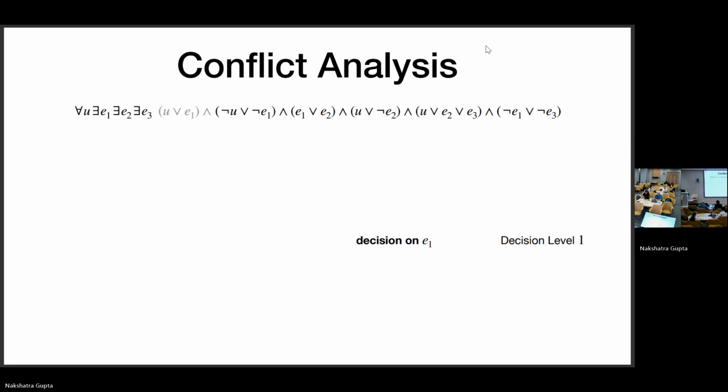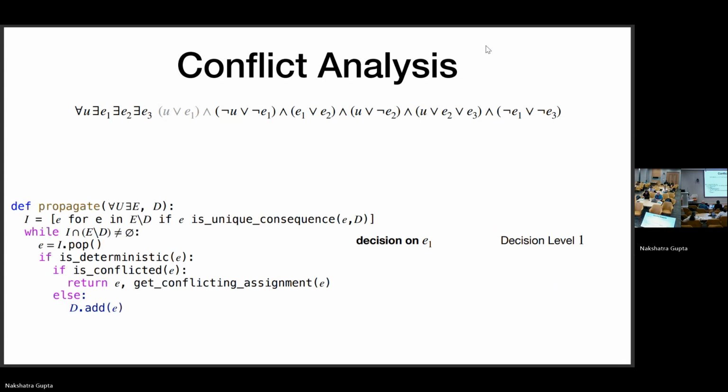And so now we're increasing the decision level in our algorithm, just like in CDCL. So everything that's happening now is at decision level 1 because we've made E1 deterministic by adding a clause. We've made a decision. And now we propagate again. So here's the pseudocode for the propagation routine. Now, okay, E1 is deterministic, of course.